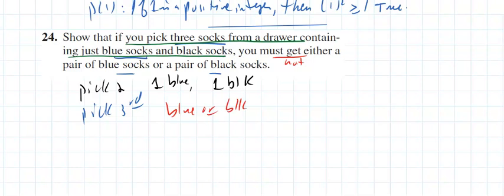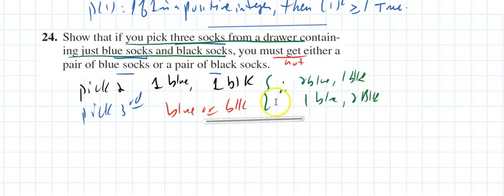Doesn't that mean automatically, if it was the first case, I'll get 2 blue and 1 black, that's a pair, right? Or if I pick another black, I'll be getting 1 blue and 2 black. Therefore, that's a contradiction to what I just said. Therefore, you must get a pair of those.